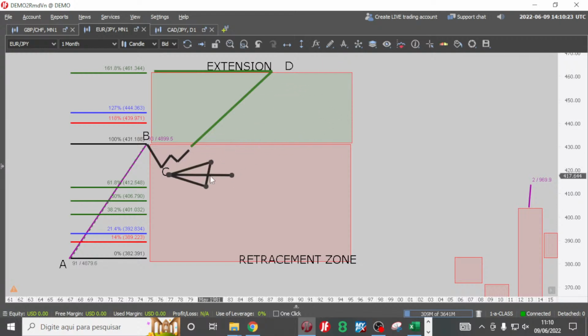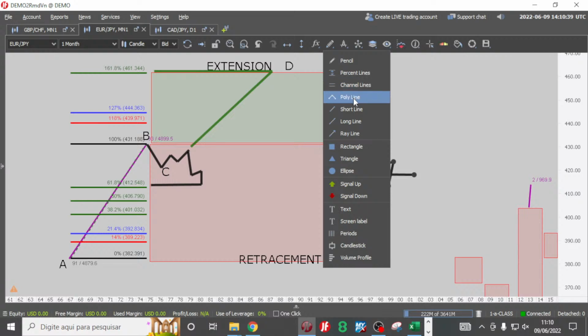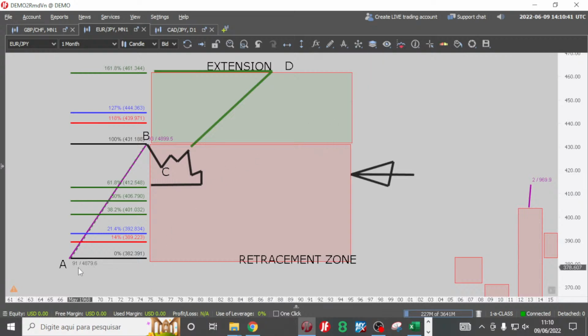Any questions? Okay. Now, if the market goes down and touches or hits the 61.8 retracement, the stop loss goes below the A, but the appropriate D extension is still 161.8.